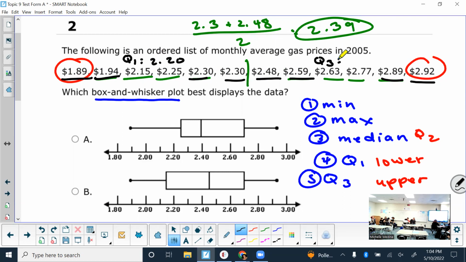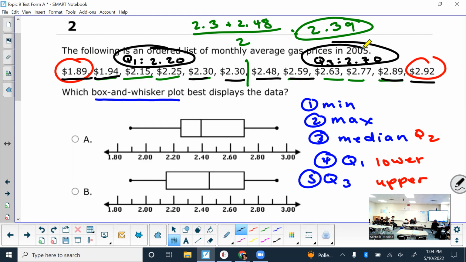And then I'll double check the first one. Okay, yep, I got the first one right. And then 2.63 plus 2.77 divided by 2 is 2.7. So all of these that I circled need to be on my box and whisker plot.